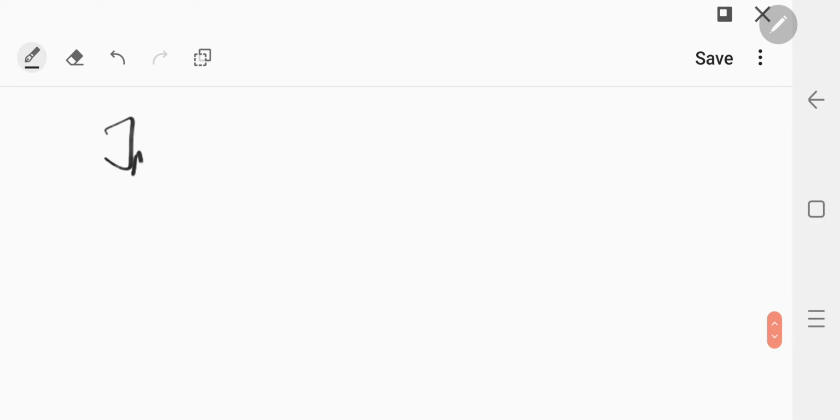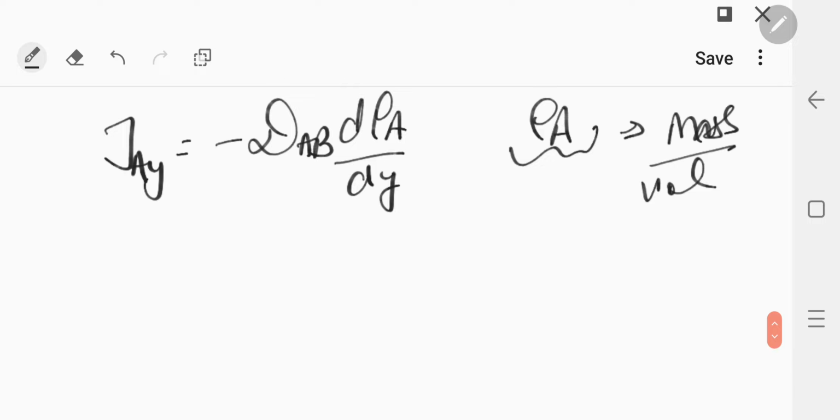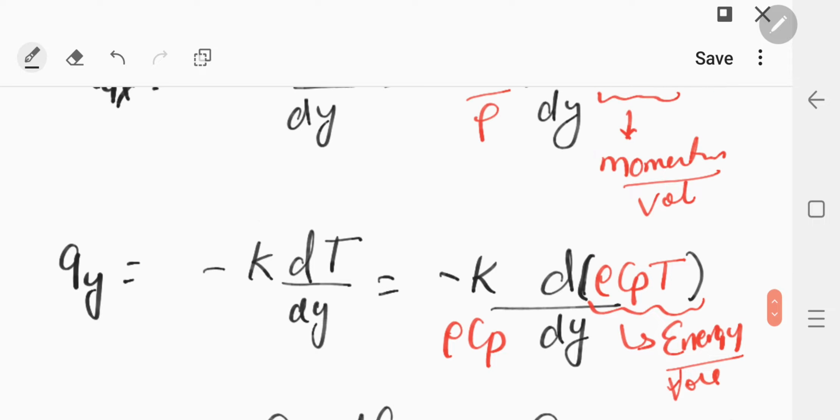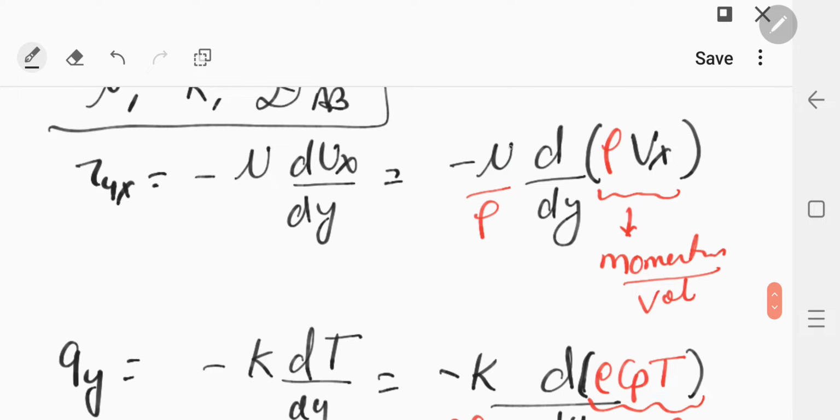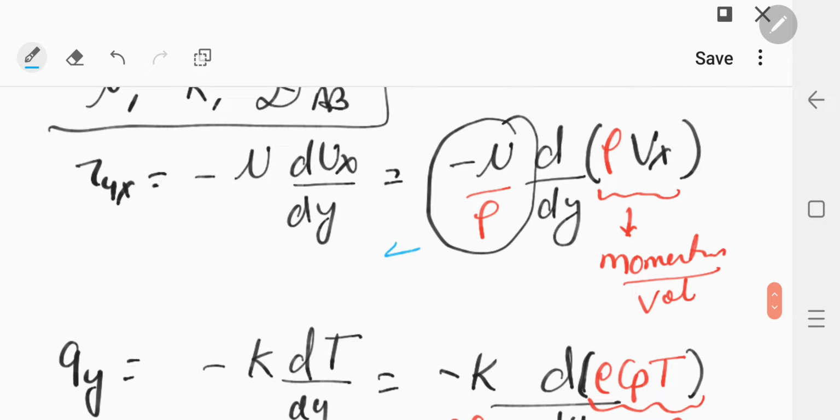And similarly, Fick's law, that is JAy, is minus DAB d rho A by dy. Over here, rho A is already mass per unit volume. Now if we compare all these three equations, this term is known as your momentum diffusivity, or sometimes we also call it kinematic viscosity.